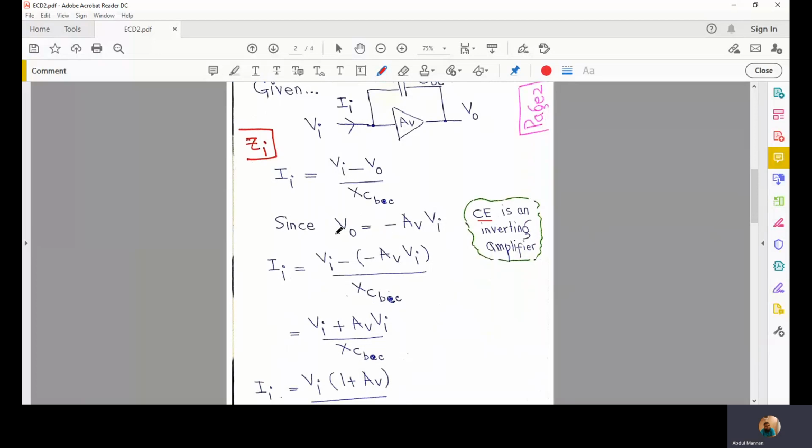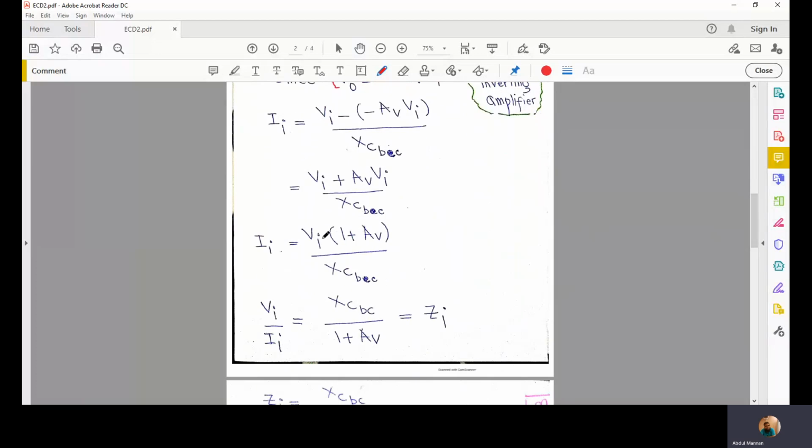So let's plug this value of V out into this equation and solve. This comes out to be VI plus AV times VI, so we can take VI common, giving 1 plus AV. Then we divide by II and take everything else to the left hand side. So VI divided by II is XCBC over 1 plus AV.